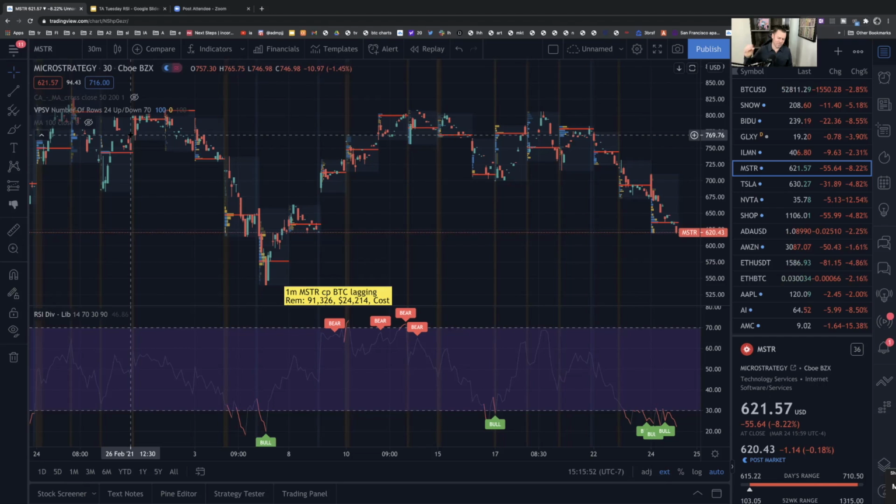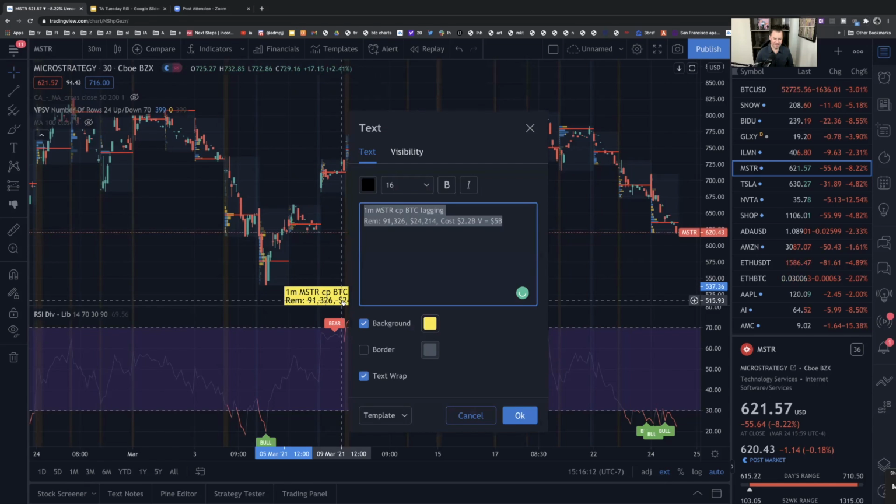And I just want you all to remember these numbers as well when you think about MicroStrategy. Again, I believe MicroStrategy has about a $1.2 billion intrinsic value. That's the value of the business before purchasing any Bitcoin. They purchased 91,326 Bitcoins at an average cost of $24,000 a Bitcoin. And there's some other good numbers back here.